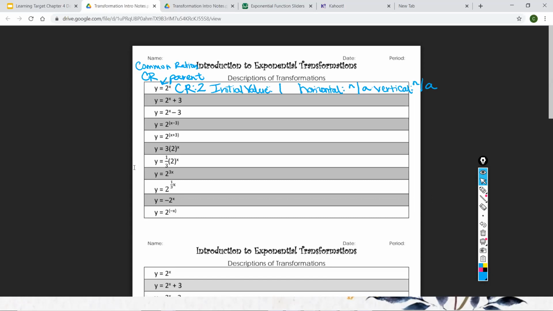I only have horizontal stuff when it enters the B. Have horizontal stuff. That makes sense. So like this one moves this way, like it's x minus 3.